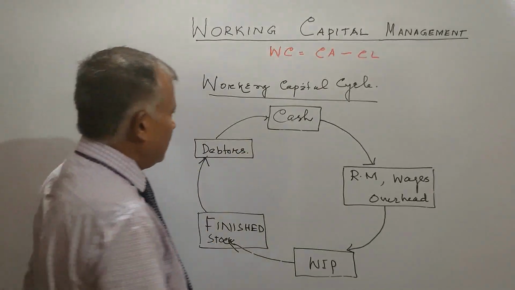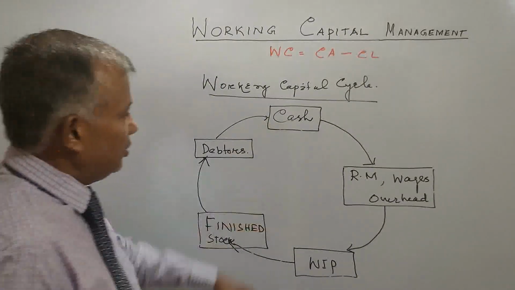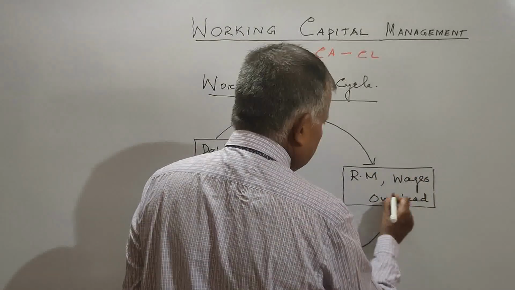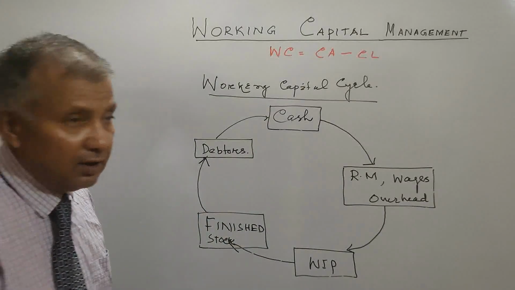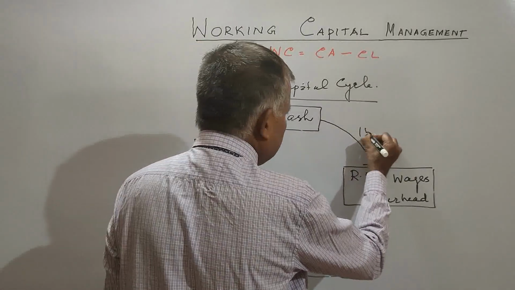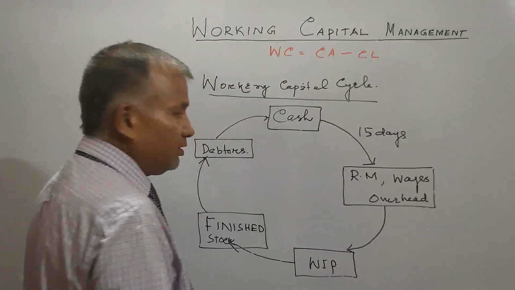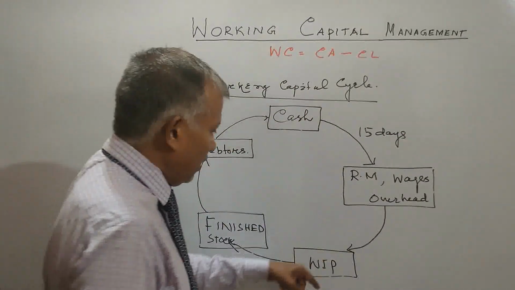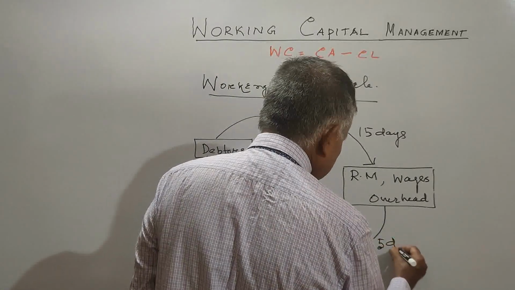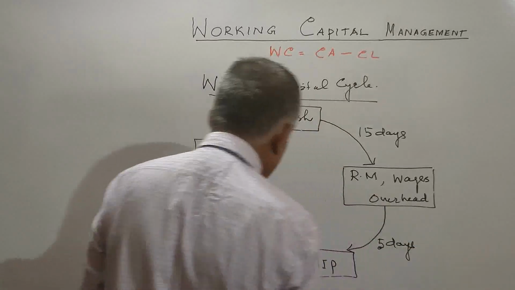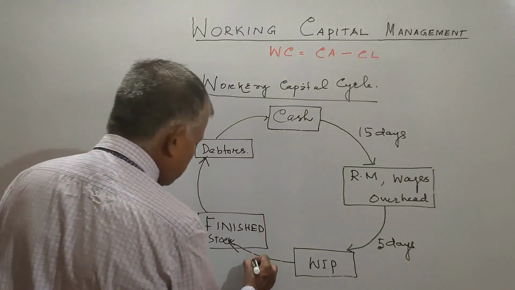So, if we start with cash and we purchase raw material, pay wages and overhead, and start production, maybe it takes 15 days. Then work in progress is produced in, say, 5 days. For example, the work in progress becomes finished stock in 2 days.